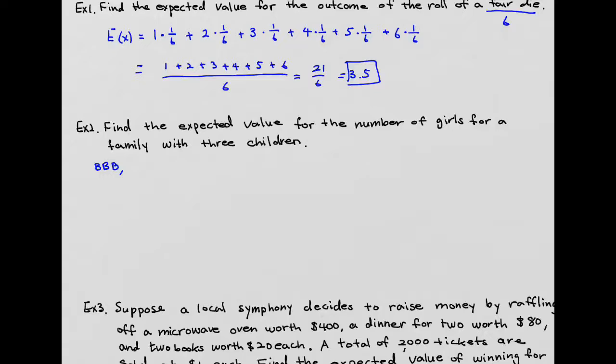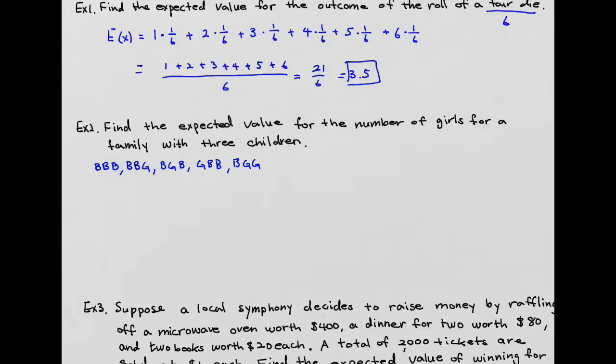I could have 2 boys and a girl. In that case, I can have boy, boy, girl, but also boy, girl, boy, or girl, boy, boy, right?